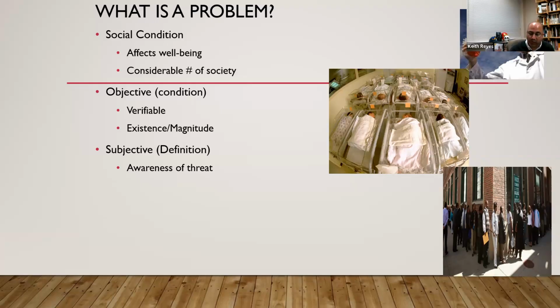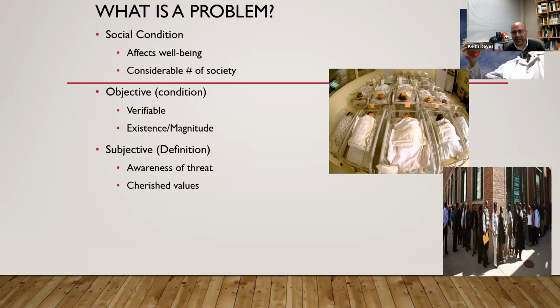So during World War II with the concentration camps in Europe and in Germany, the homosexuals, the racial minorities, the people with disabilities, intellectual disabilities, as well as racial minorities like Jews and others, political dissidents, all were being exterminated in large numbers, but there wasn't an awareness of those exterminations and of the taking of people's lives. And because there was no subjective awareness of the threat and of the harm that was being done, it didn't constitute a social problem. Okay. All right. So that's one thing I want you all to keep in mind.